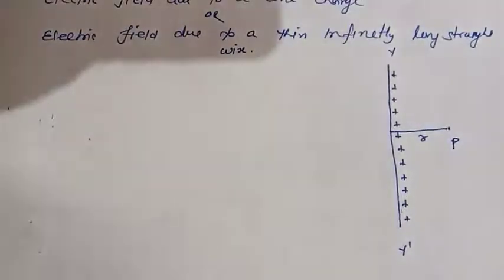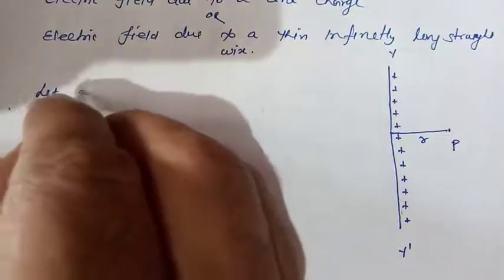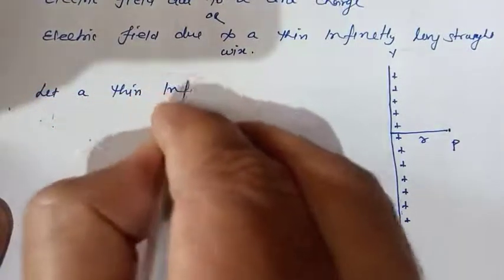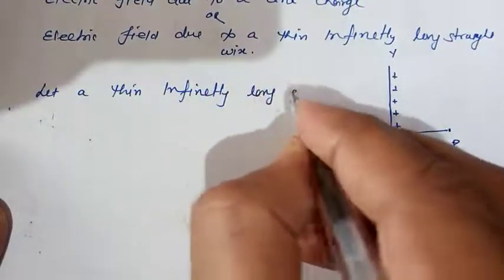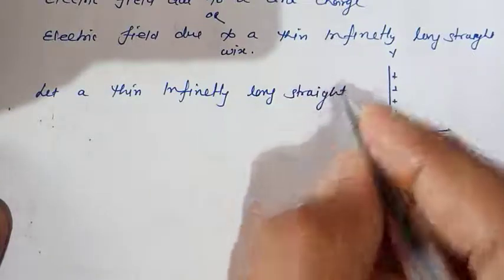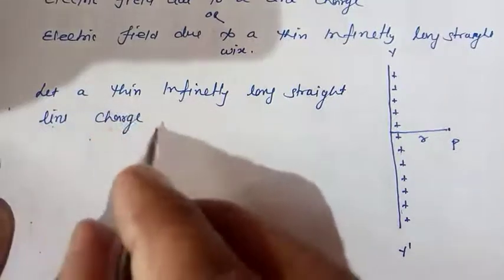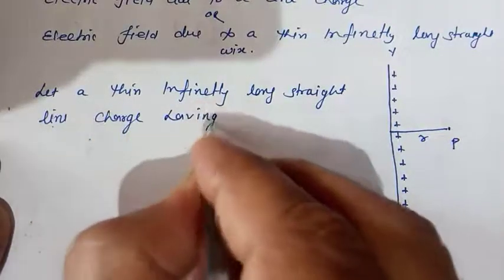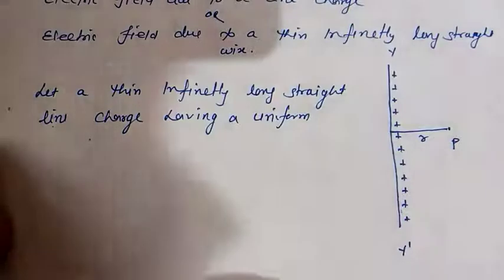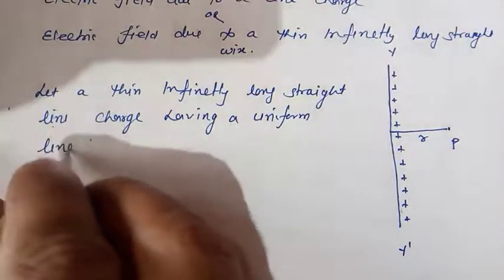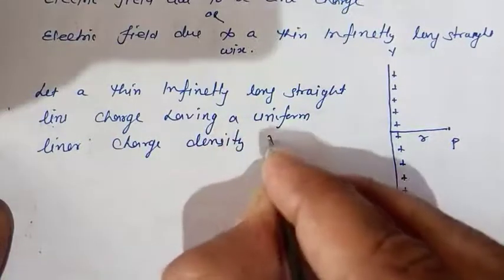So now just write, let a thin infinitely long straight line charge having a uniform linear charge density lambda.